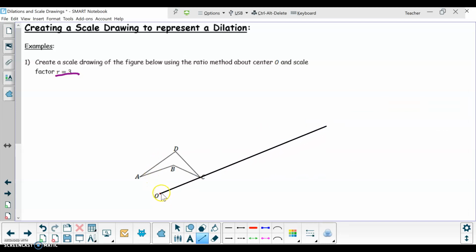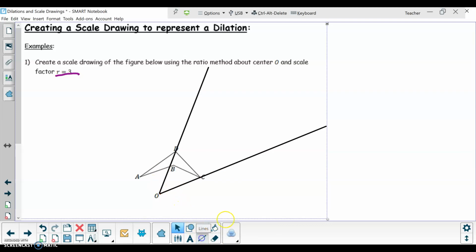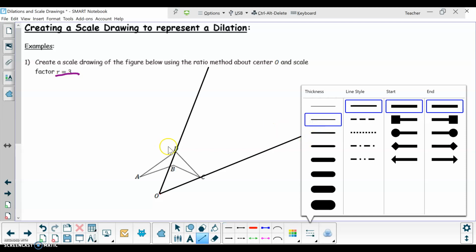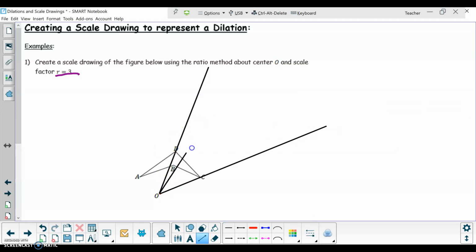So I'm going to connect O to C, O to D, O to B, O to A. Okay, so that's the first step.